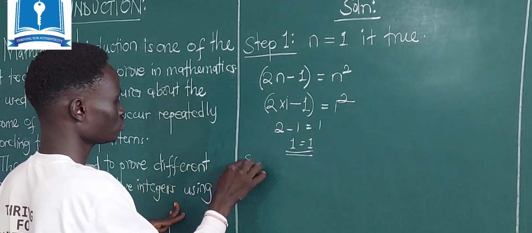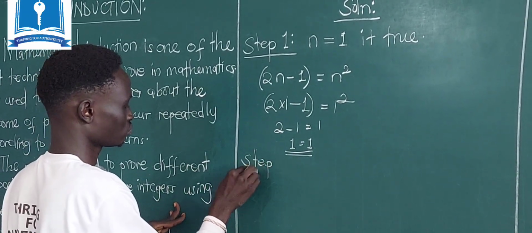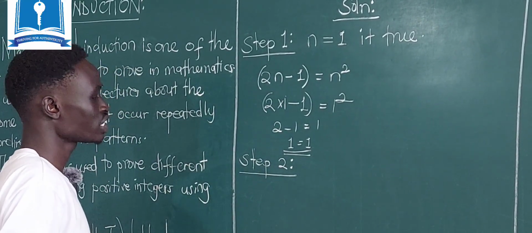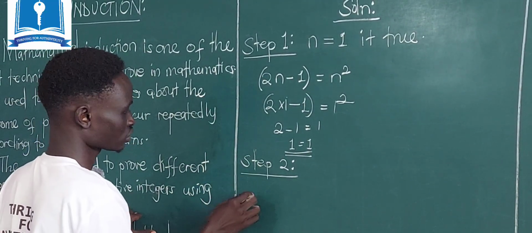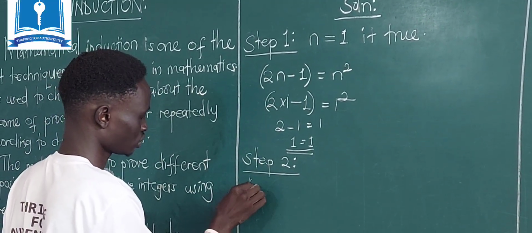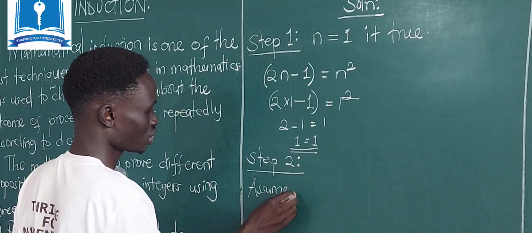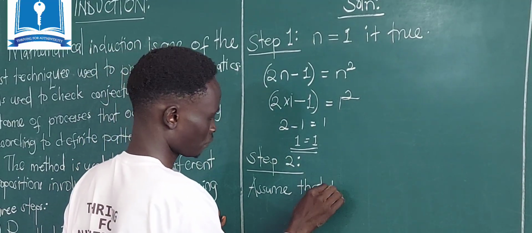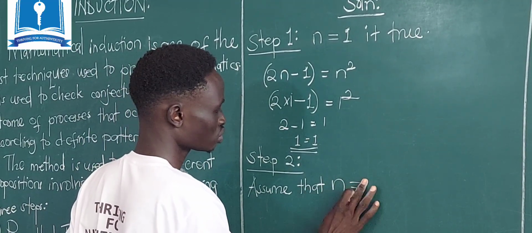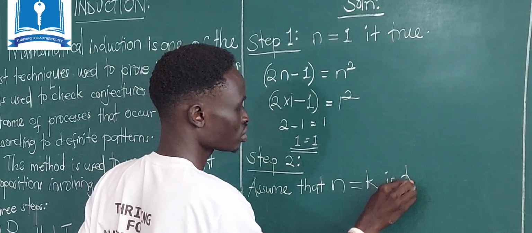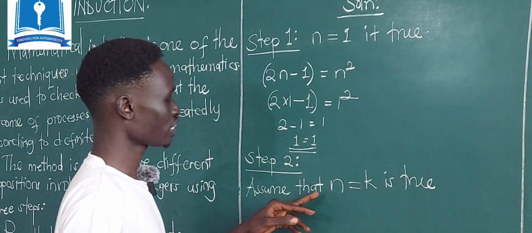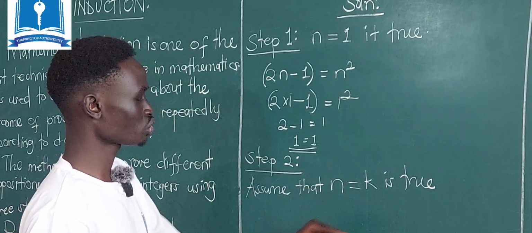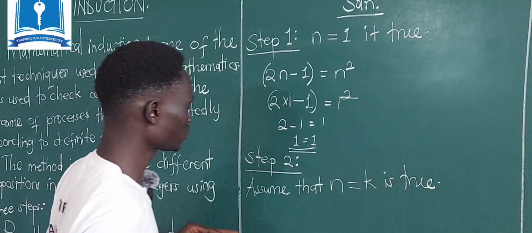Step 2 is the assumption. Assume that n equals k is true. In step 2, n is always equal to k.